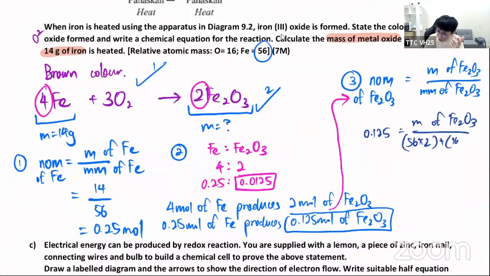O3 is 16 times 3. For your final answer, bring the number at the bottom over and multiply by 0.125, and you get your mass of Fe2O3. Okay, so guys, give me the answer for this. Okay, 20 gram. Correct.